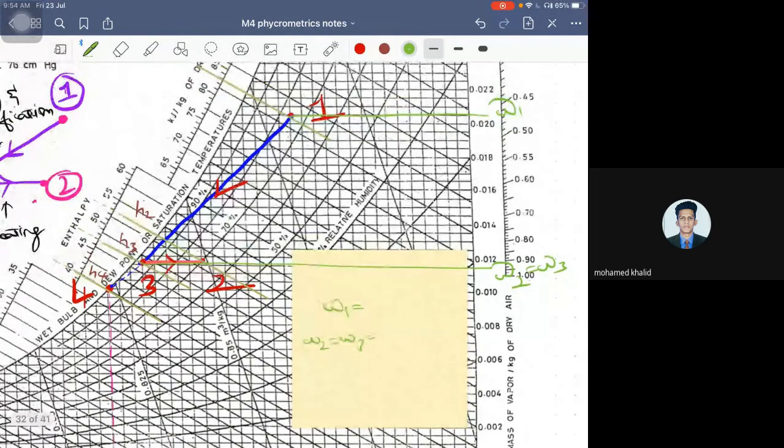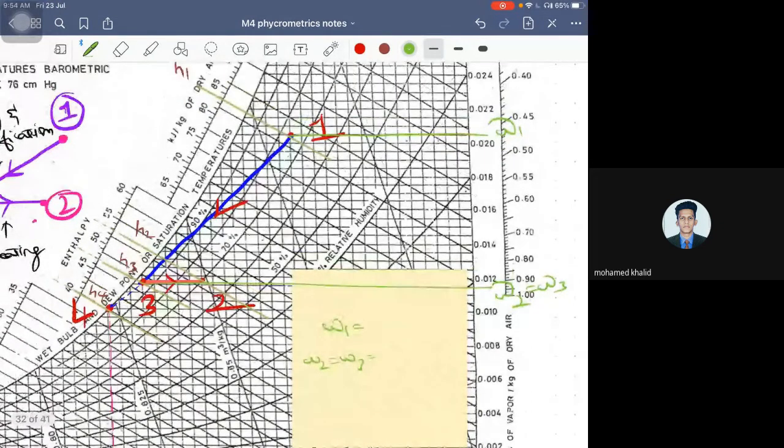Just look at the values and give me the value. 0.02, next is 0.022. So what is the value of omega 1?